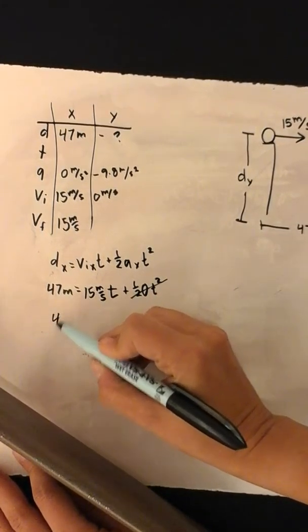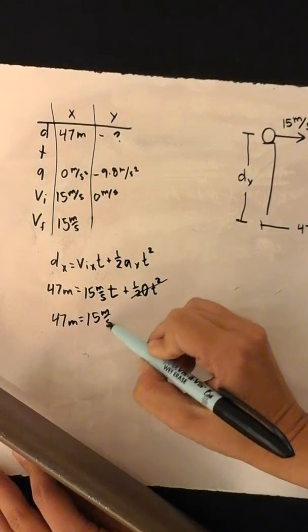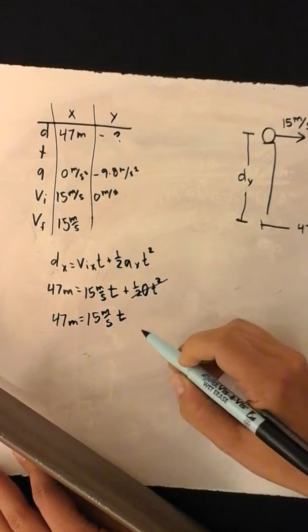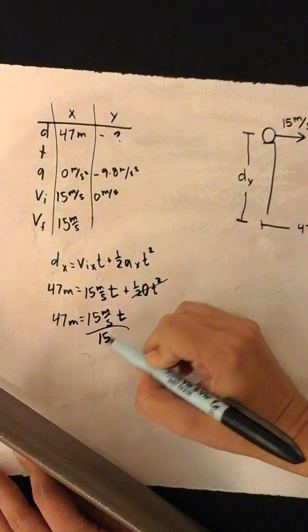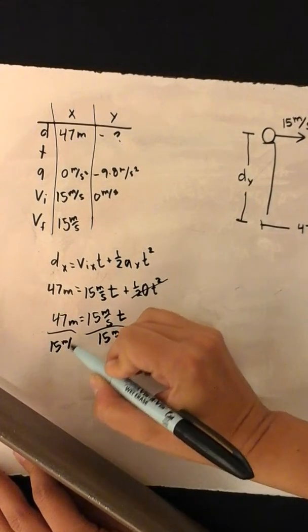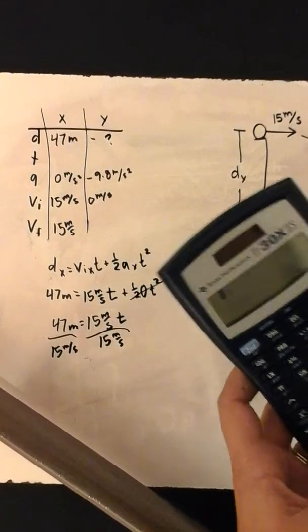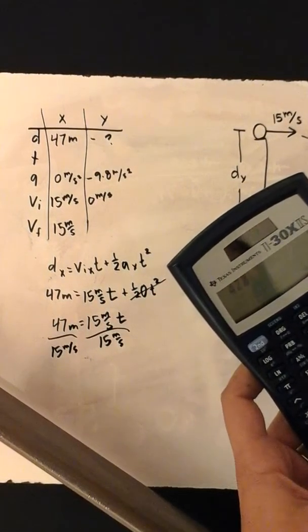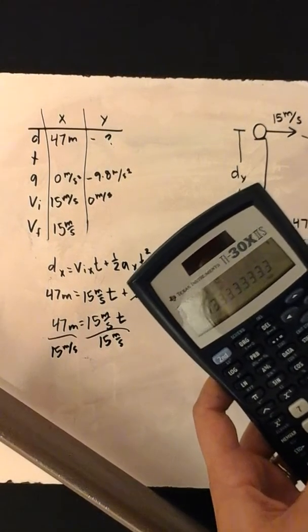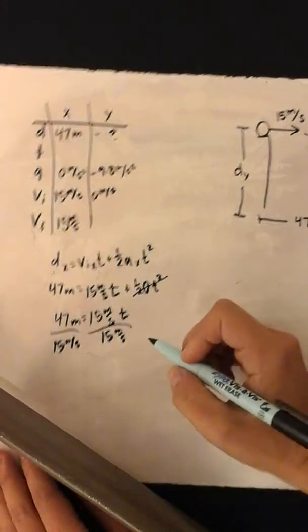So we're left with 47 meters equals 15 meters per second times the time. All we have to do is divide by 15 to get time on its own. So the time that it takes is 3.13 seconds.